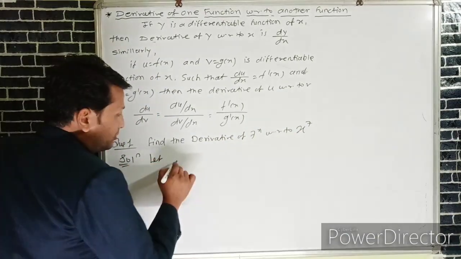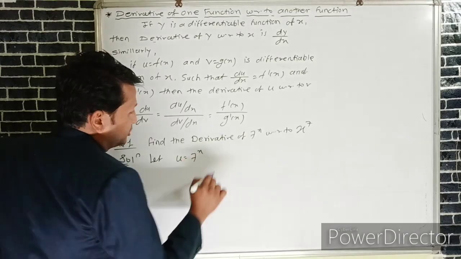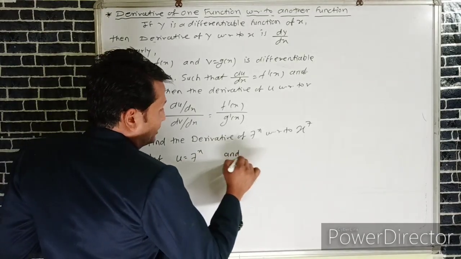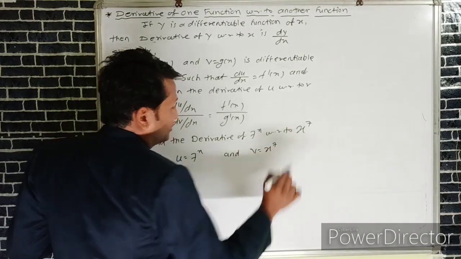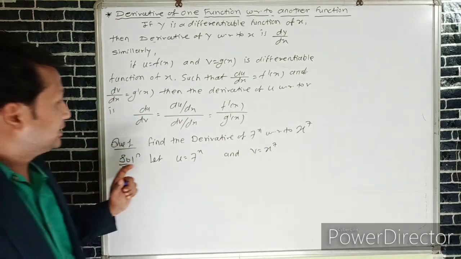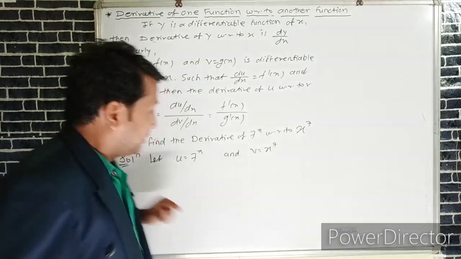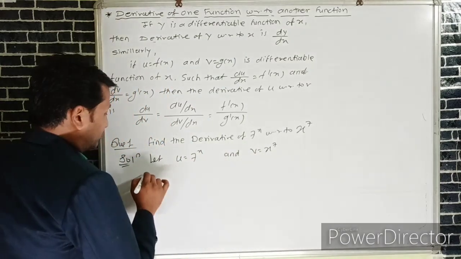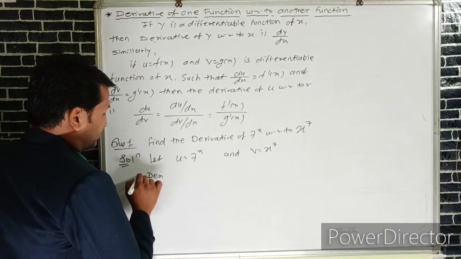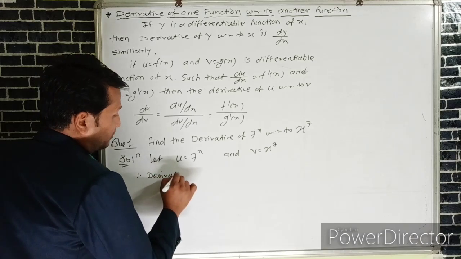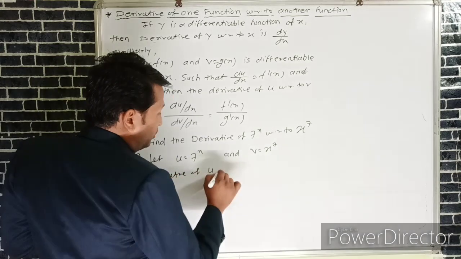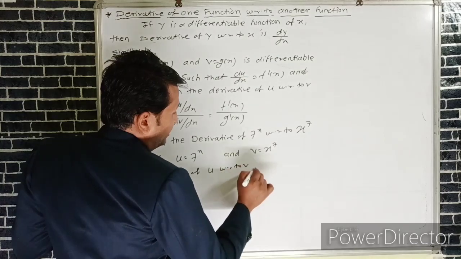Let the first function u be equal to 7 raised to the power x and the second function v be equal to x raised to the power 7. We have to find the derivative of u with respect to v.